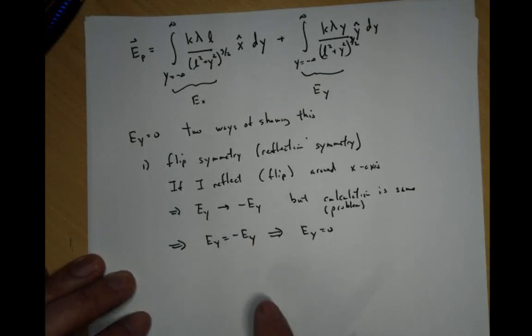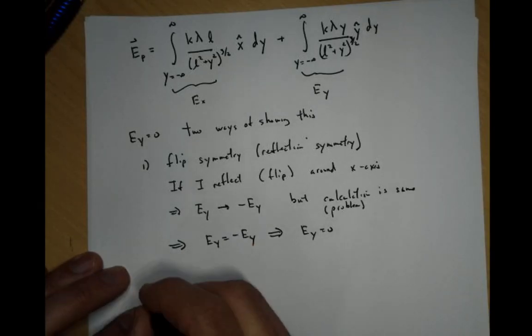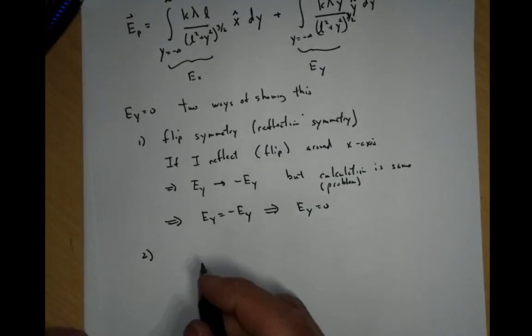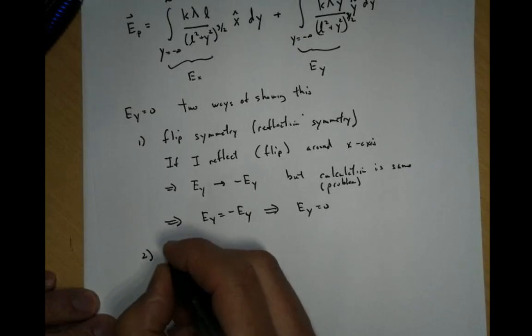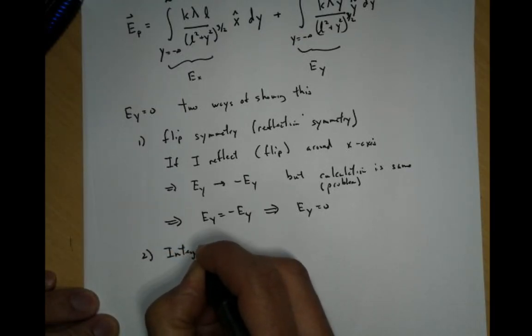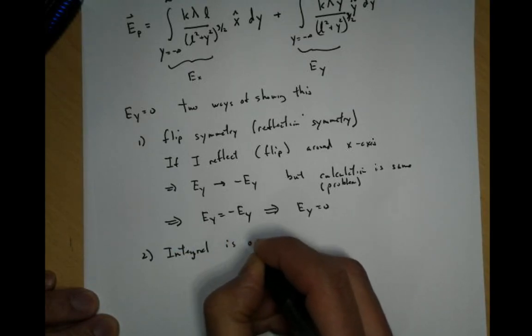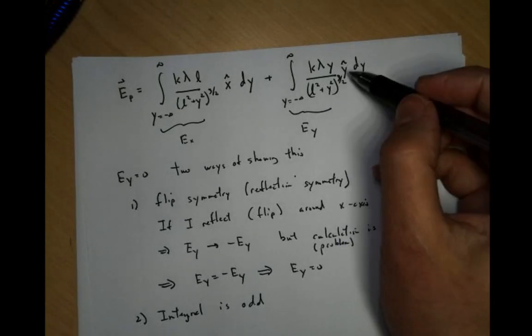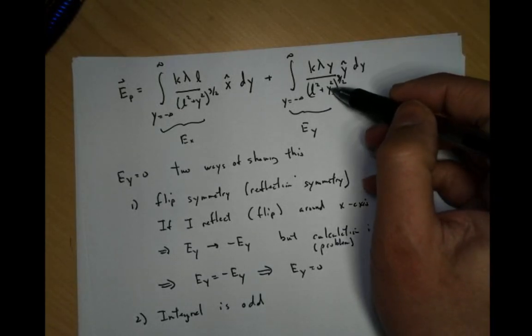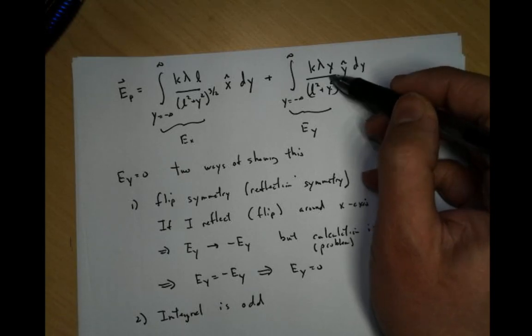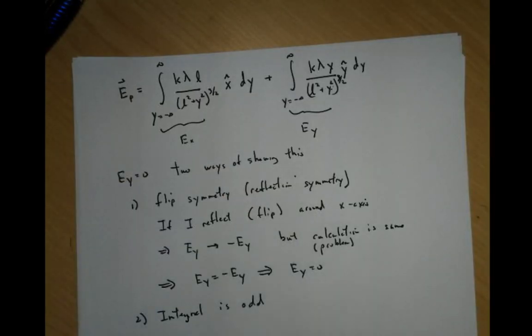It's just flipping. The second way of arguing is literally to do this integral here. So you could basically look at the integral, and it is odd. You look at this thing: this is y squared, so it's always positive. This is y, which flips sign as you go across to minus y.